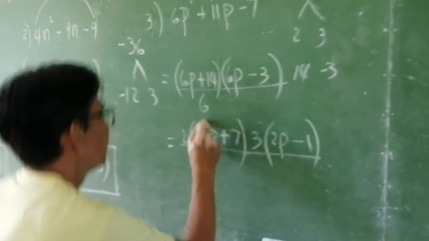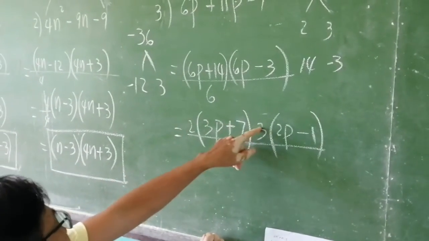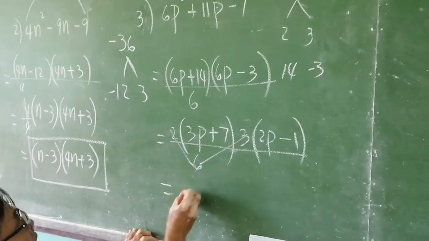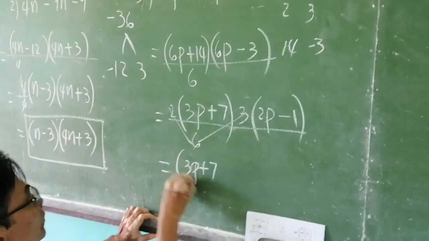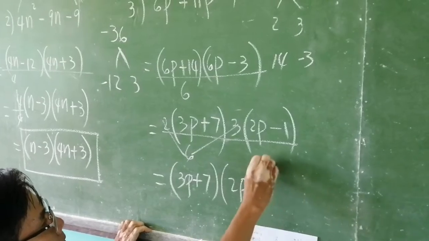Don't forget, it must be over 6. If you see this 2 and 3, when you multiply that, that is 6 and 6. So you have to cancel that. So finally, your factors are 3p plus 7 times 2p minus 1.